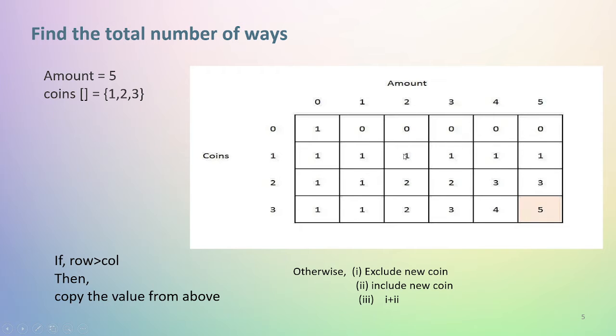And next, we subtract the column value 1 from the amount 2, that means 1. So we find the 1 column position in this row, where we find 1. So 0 add 1 means 1. In the same way we can fill this position.